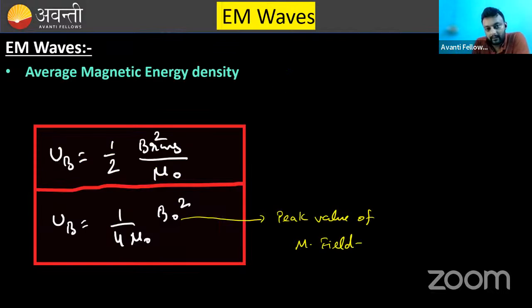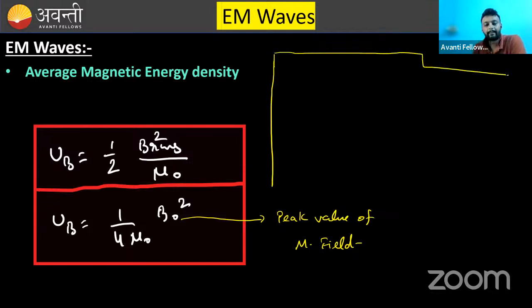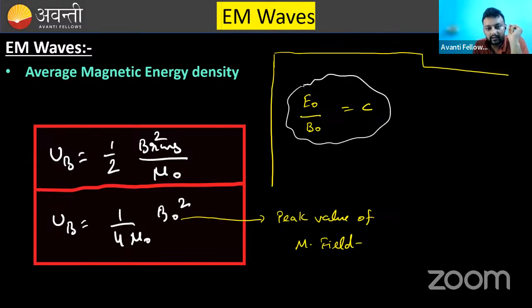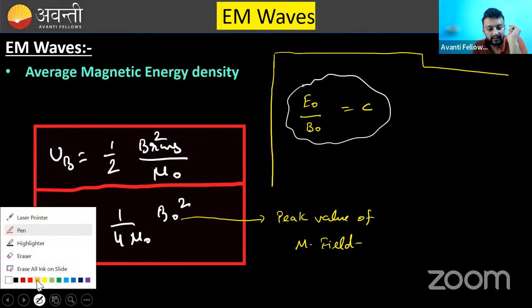Now, one more thing that you should remember. Whenever the electromagnetic wave is traveling, the ratio of electric field and magnetic field is a constant. I am repeating my words. Whenever the electromagnetic wave is traveling, the ratio of electric field and magnetic field is a constant, and it is given by c, the speed of light.